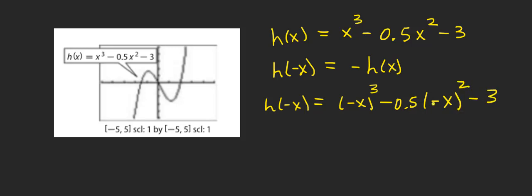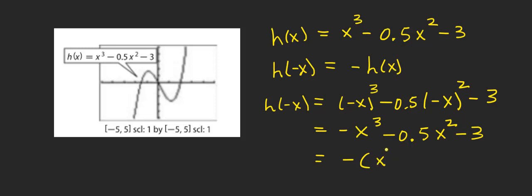So when you simplify this, you're going to get negative x cubed. When you square that, you get a positive x squared, and you already have a negative. So it's negative 0.5 x squared minus 3. Now, when you take out the negative, you get negative quantity x cubed plus 0.5 x squared plus 3.